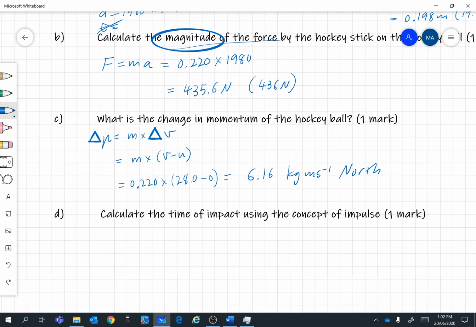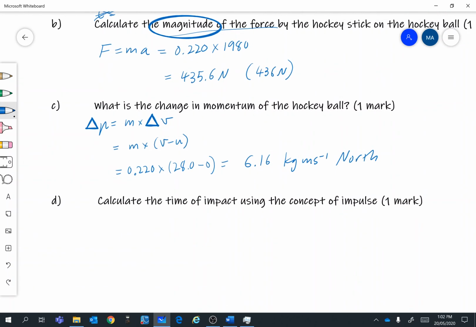Now, calculate the time of impact using the concept of impulse. Impulse is change in momentum, right? If we look at the change in momentum, that's what we have back here.